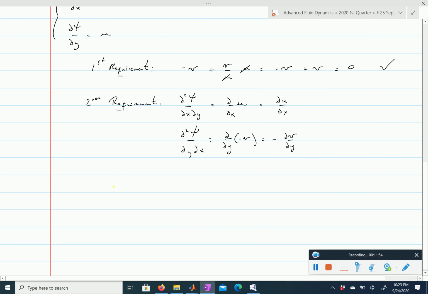Given that the flow is incompressible, it satisfies the continuity equation, or the incompressibility condition, partial u partial x plus partial v partial y equals 0, and therefore partial u partial x is equal to minus partial v partial y, and therefore the cross derivatives are also equal. Check.